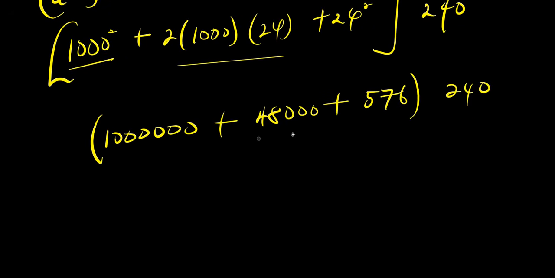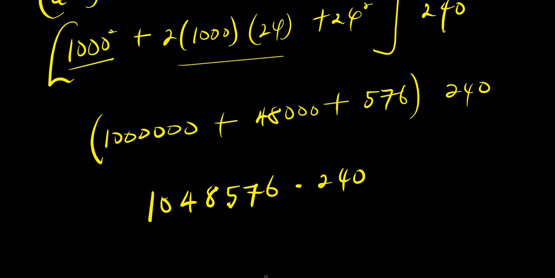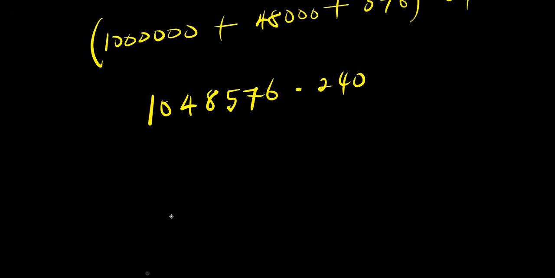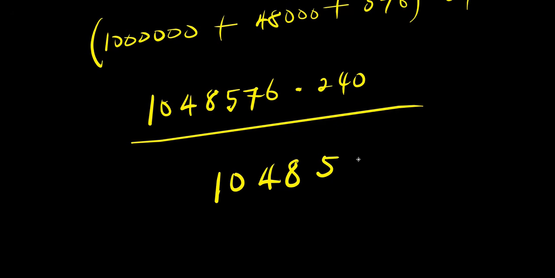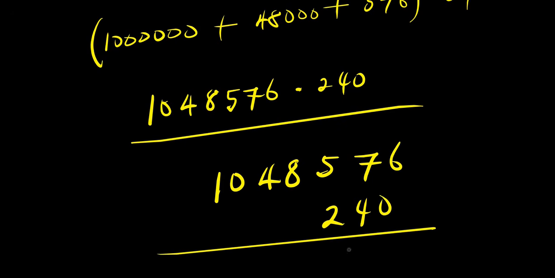So 1 million plus 48,000 plus 576 is 1,048,576, and this will multiply to 240. So let's multiply this out to have our final answer. We have 1,048,576 times 240.